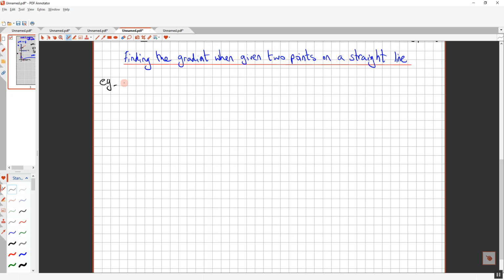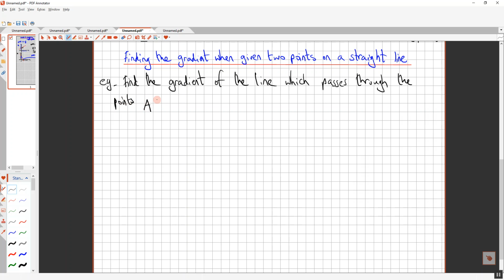So let's say, find the gradient of the line which passes through the points, and I'm going to label them.